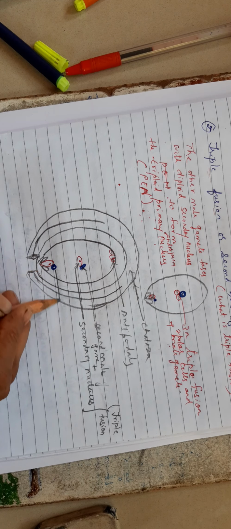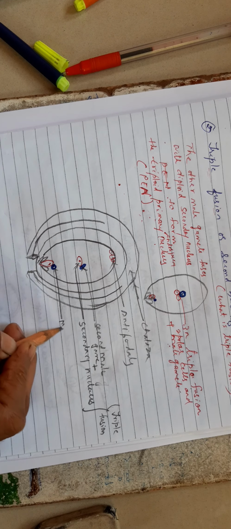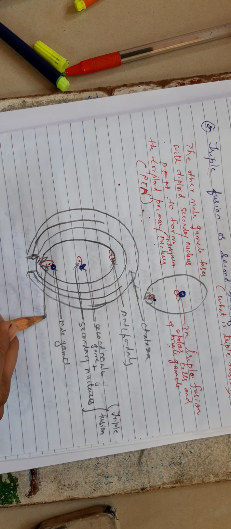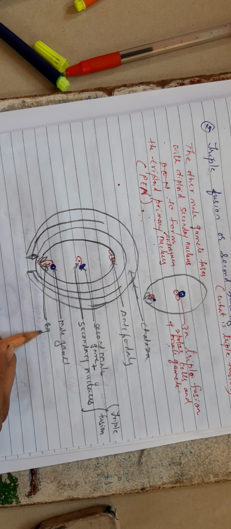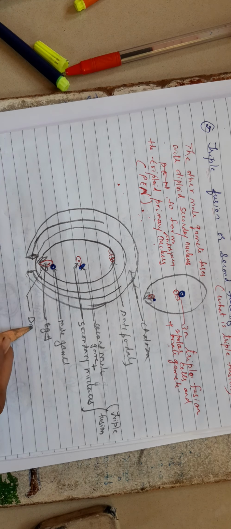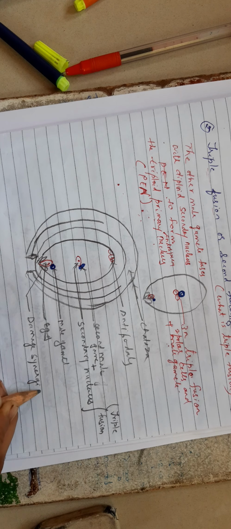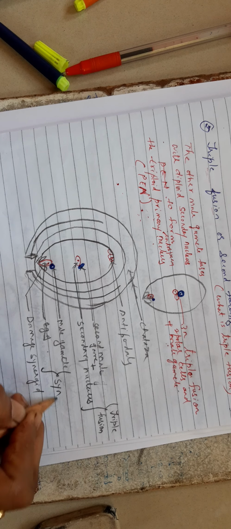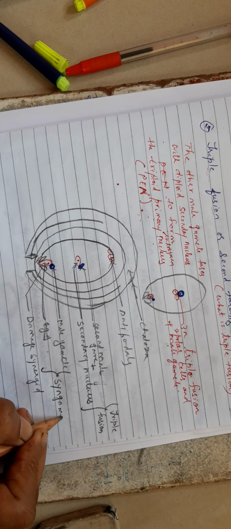Then here the male gamete, egg and damaged synergid. Now this male gamete and egg together make a syngamy.